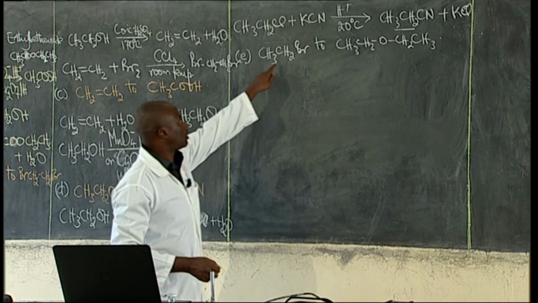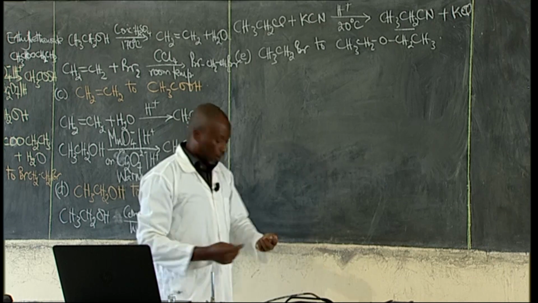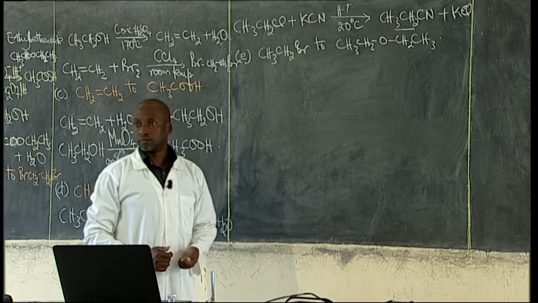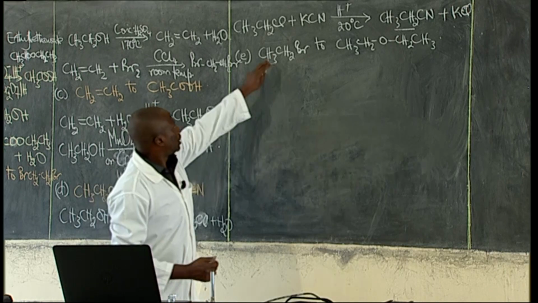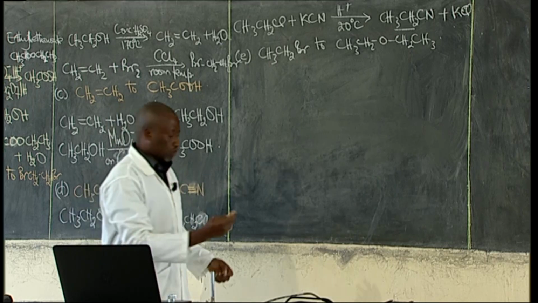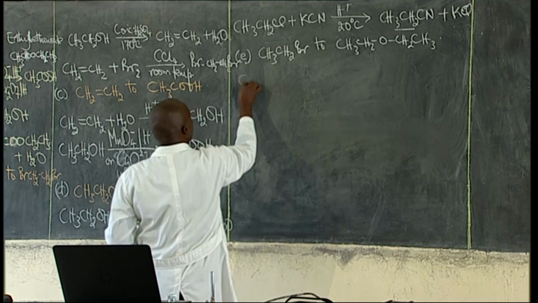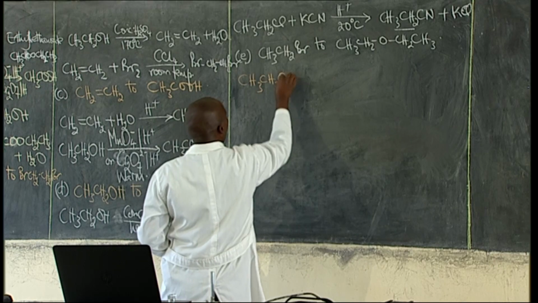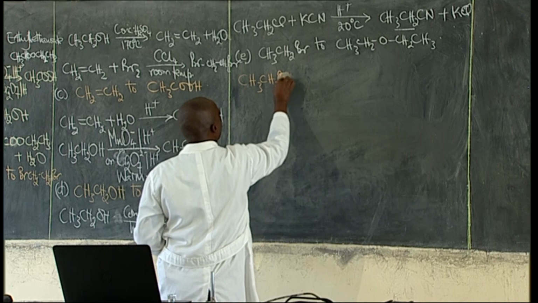We'll have to first convert this one into an alcohol. How do we convert it into an alcohol? This is a bromoalkane. So we have CH3CH2Br.